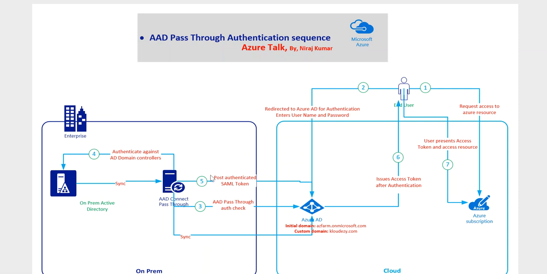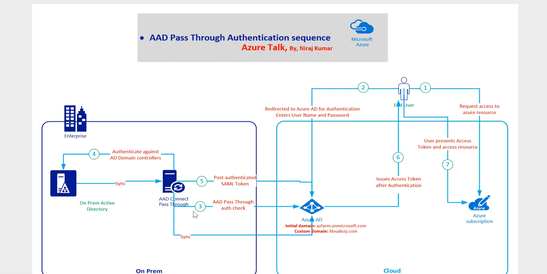So now Azure AD receives that authorization, or rather it says, hey, I see that this user is a valid user, go ahead and issue him or her a token. So after that authentication is over, Azure AD will issue an access token to the end user. So basically Azure AD is trusting the AAD Connect pass-through component for authentication request.